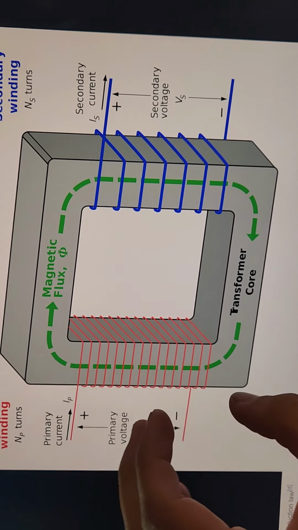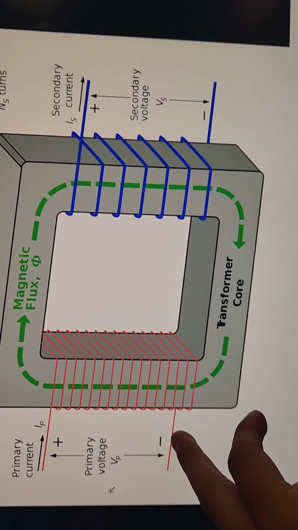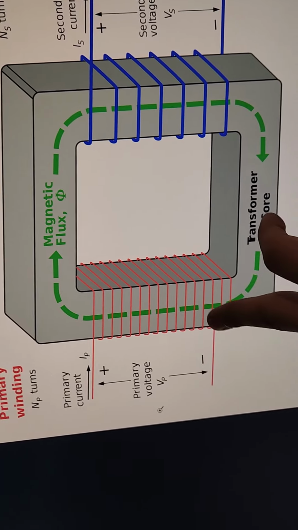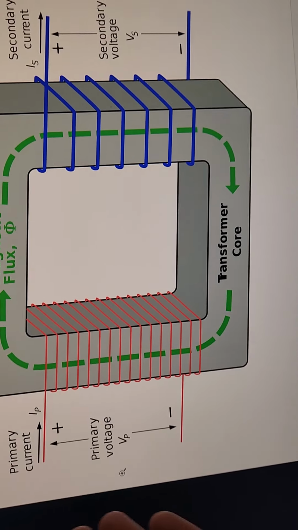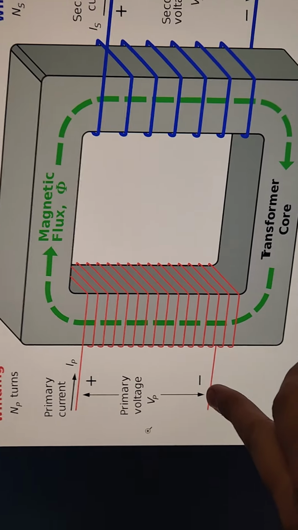The magnetic field. So when voltage or electricity flows through just any old wire, it will create a magnetic field.